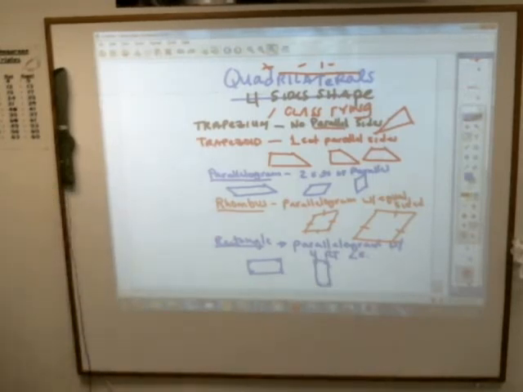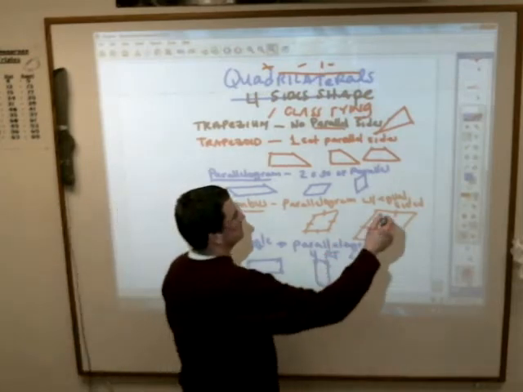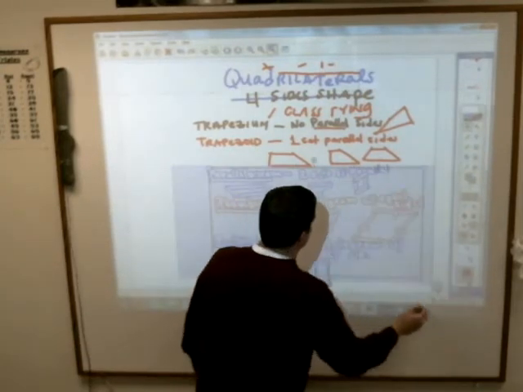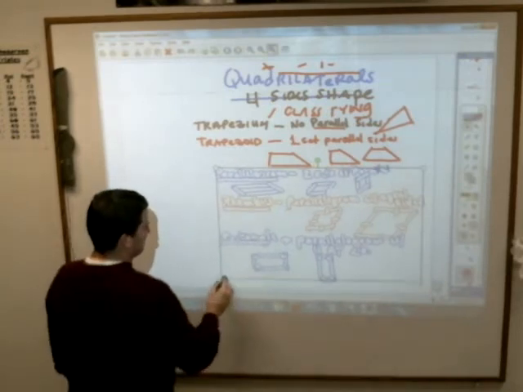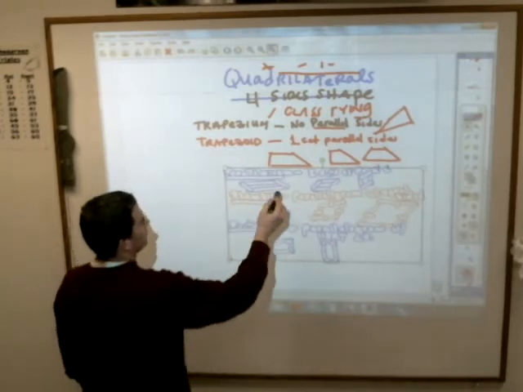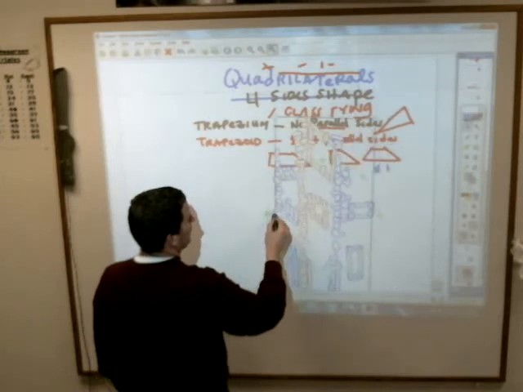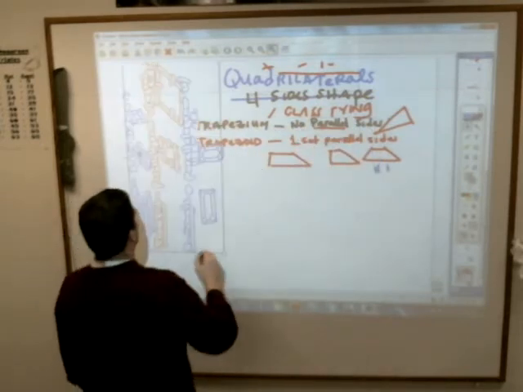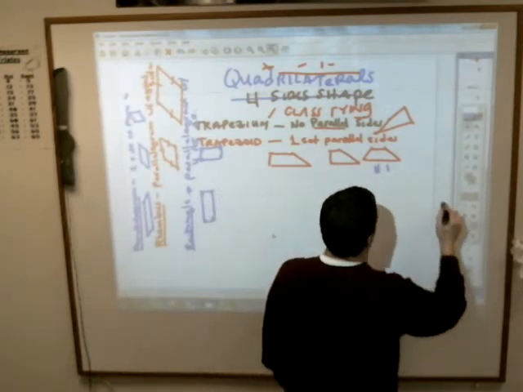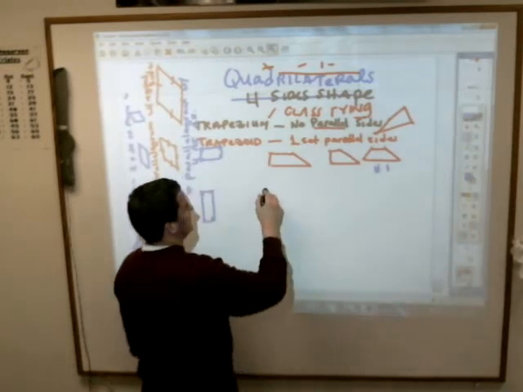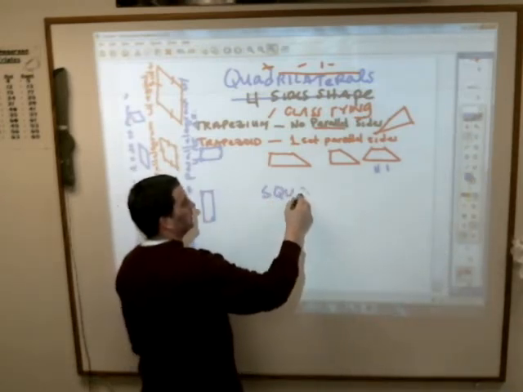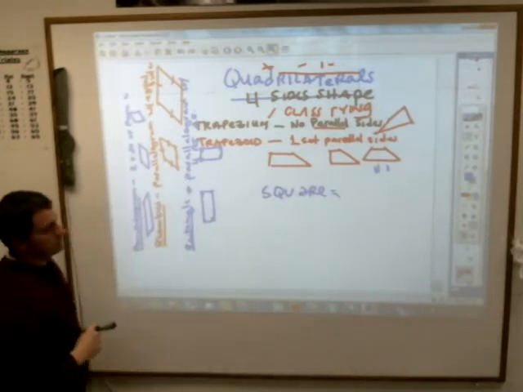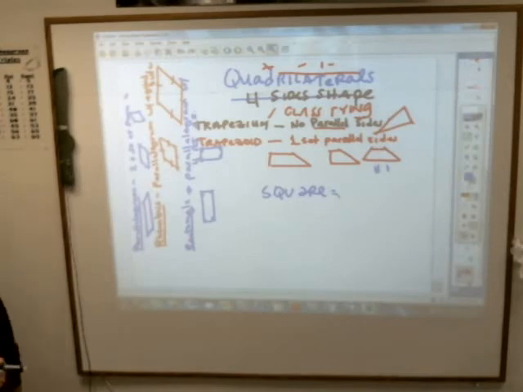And then the last one we have is a square. What's the definition of a square? What makes something a square?